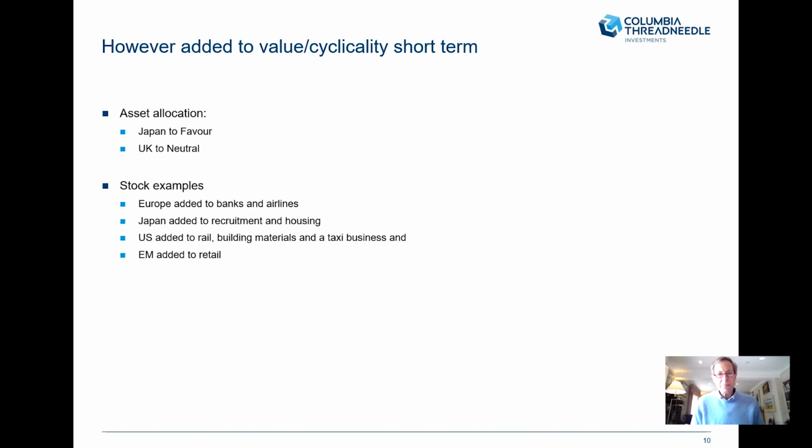When lockdown eases, people will be back traveling around. Emerging market funds added to retail operations. So we've shifted a bit more towards cyclicality and value for that bounce, but the bias of the portfolio is still favoring for the medium to long term those quality growth opportunities.